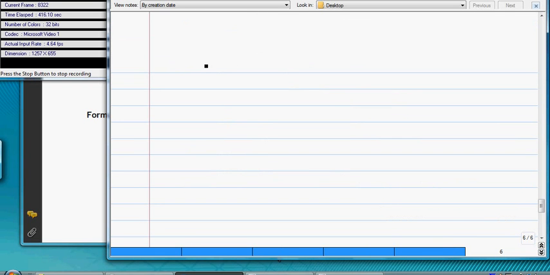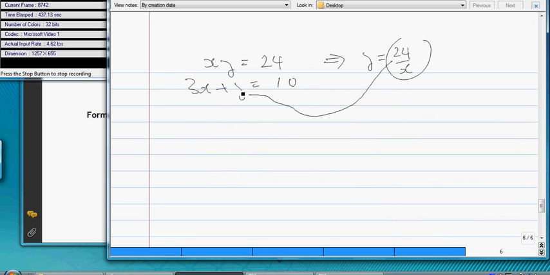Another type of simultaneous equation is this: xy is equal to 24, and 3x plus y is equal to 10. I've invented these, so the answers will be nasty. For number 1, this implies that y is equal to 24 over x. We can then feed this into there, and we get 3x plus 24 over x is equal to 10.